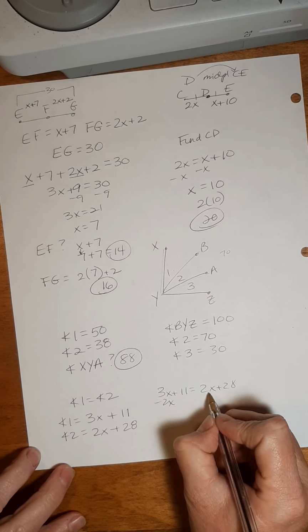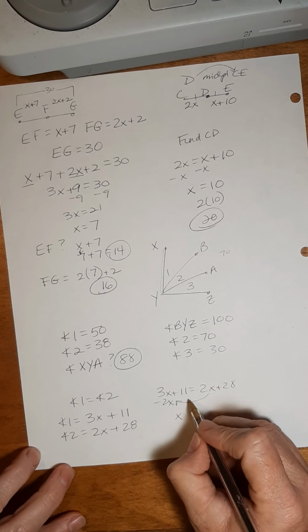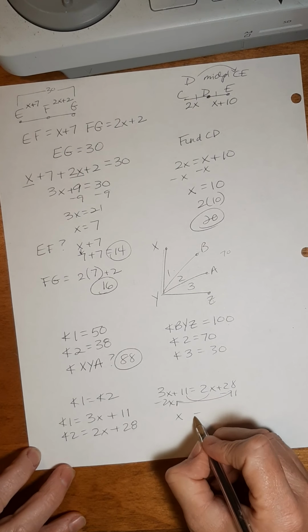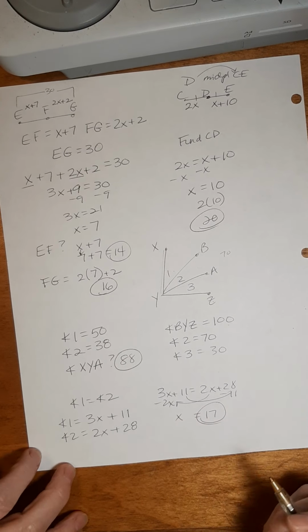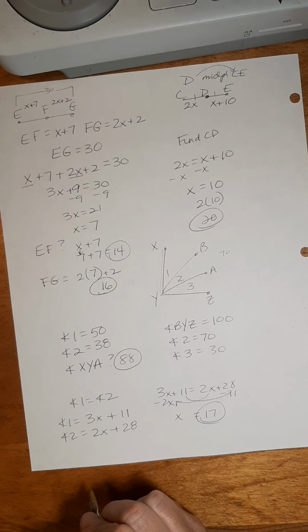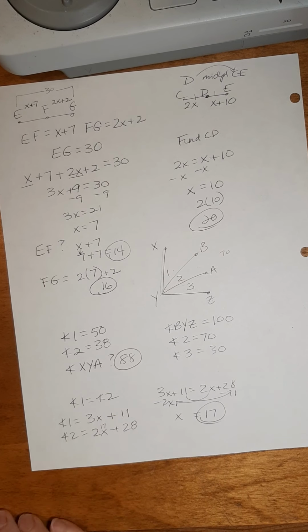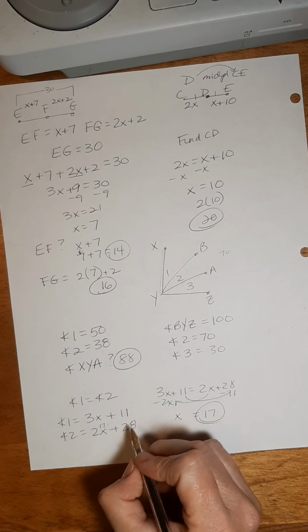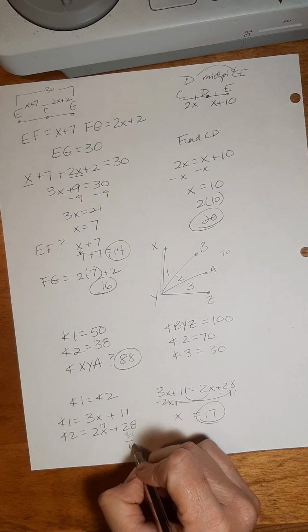Subtract the 2x over, subtract the 11, 17. X is 17. If they wanted you to find a particular angle, let's say if you plugged it in, 34 plus 28, 62.